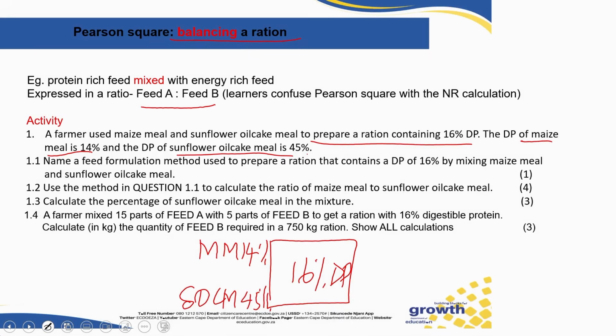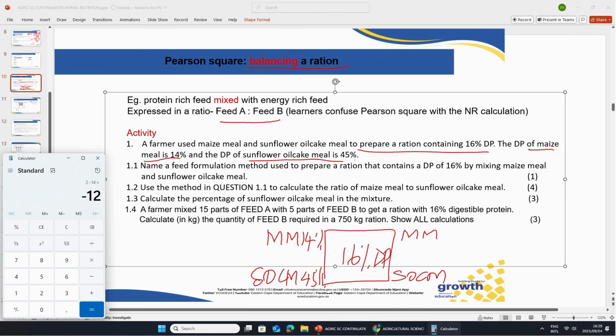So we have to transfer the names of the feeds. Either it was said feed A, feed B, you have to transfer feed A, feed B. Now it is maize meal and sunflower oil cake meal. So we have to transfer the names before we start calculations, because this is where you start to confuse things.